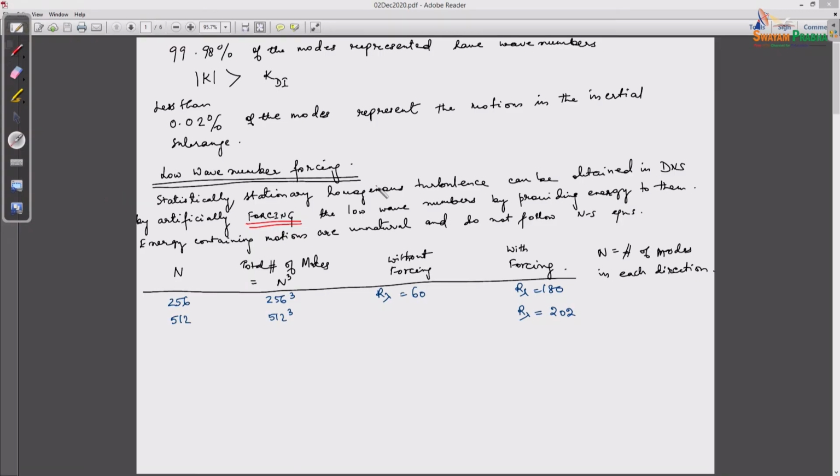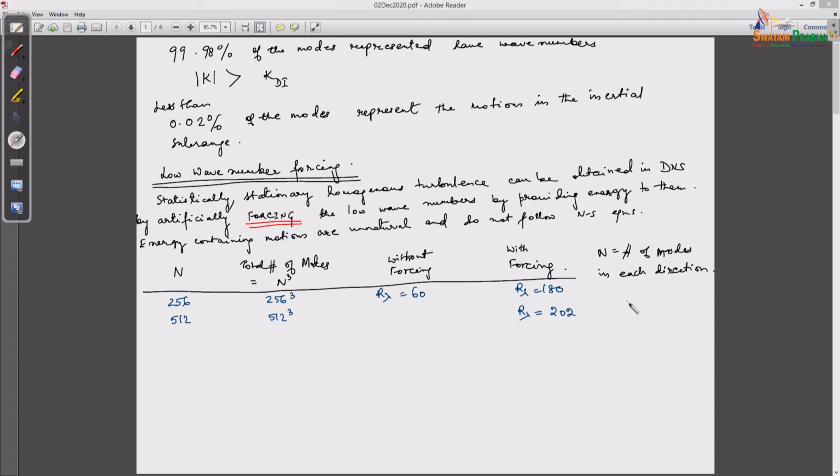Okay. So, one thing that we did was a low wave number forcing, which was interesting. We were definitely able to get up to forcing Reynolds numbers from 60 to 180.